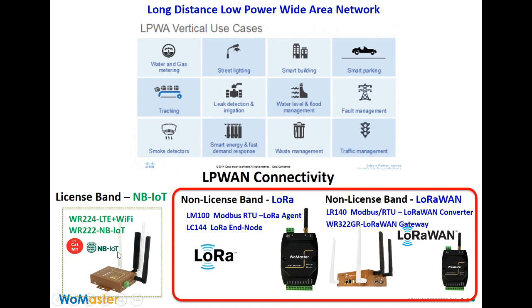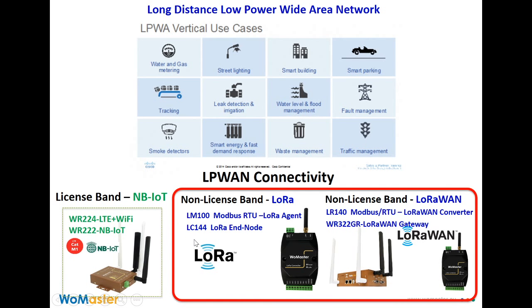Regarding the WR222, it supports the licensed spectrum for NB-IoT with a SIM card. But sometimes SIM card communication is not preferred. Alternatively, users can consider the non-licensed spectrum LoRa and LoRaWAN. Here we have two models for the LoRa. One is the Modbus RTU LoRa engine, LM100, as the LoRa Master.